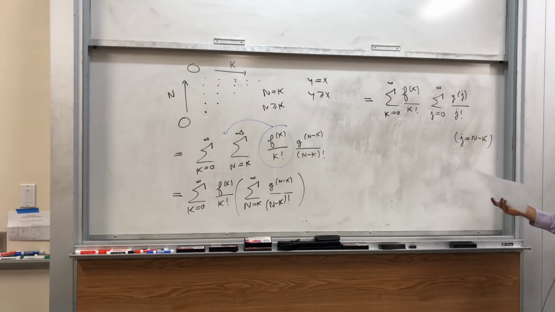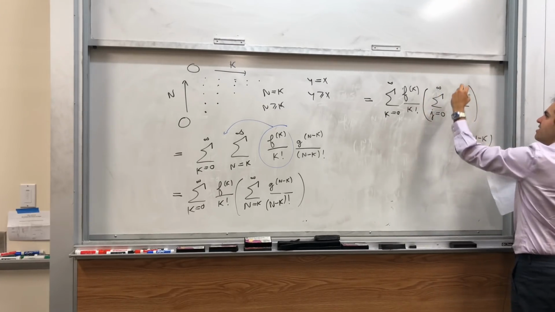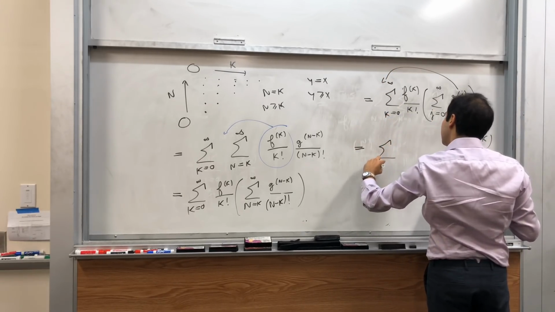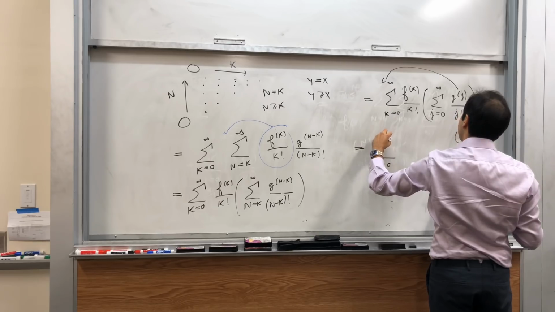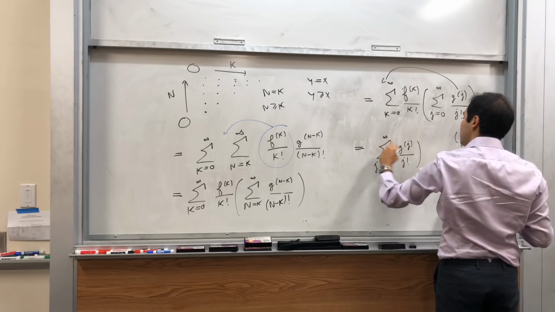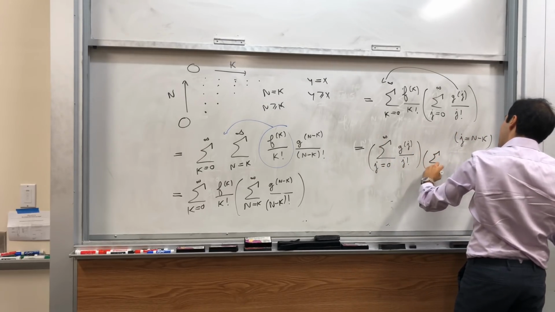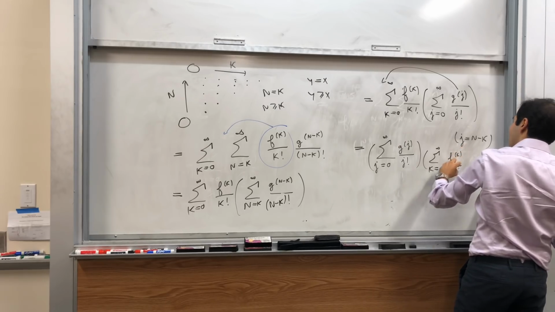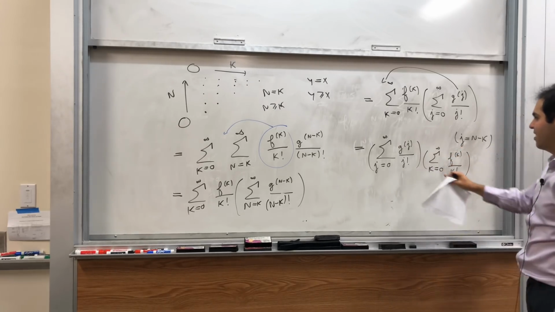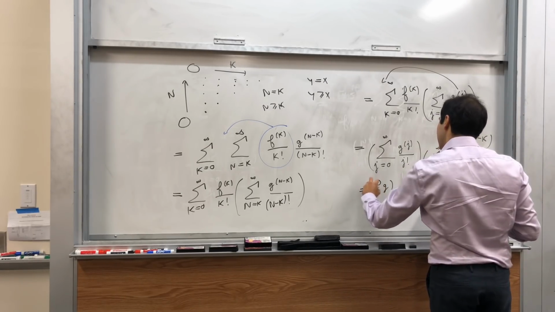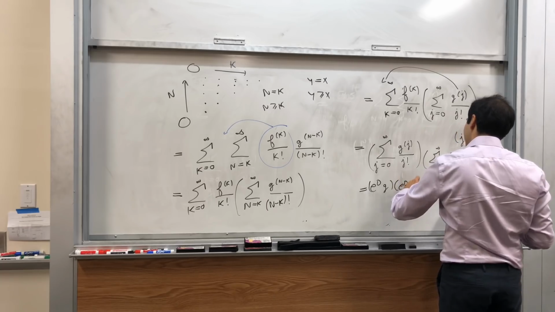So in fact, we've just done a change of variables, but the nice thing is this doesn't depend on k anymore, so pull it out, and you get the sum from j from 0 to infinity of g_j over j factorial times the sum from k from 0 to infinity of f_k over k factorial. And that just becomes the exponential derivative of g times the exponential derivative of f.